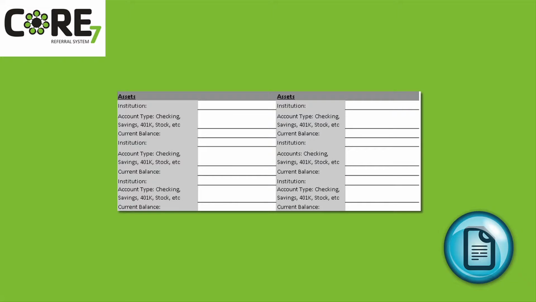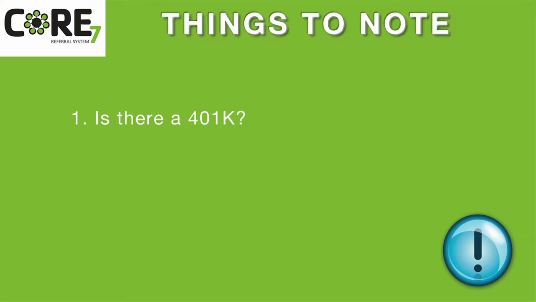Next is the assets section. Look for the type of accounts the client has invested in. This type of information can tell you a lot about the client's investment philosophy and risk tolerance. Things to note are, do they have a 401k and are they maxing out their pre-tax contributions?